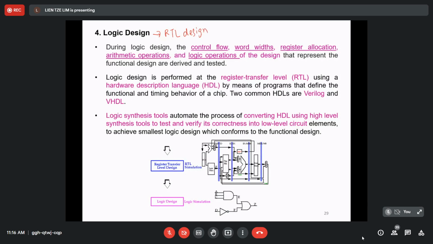Okay, this RTL design also uses the HDL language to write the code. And then it will also need to be verified for the correctness of the circuit, the operation of the circuit.